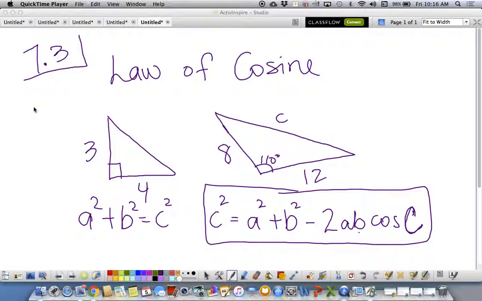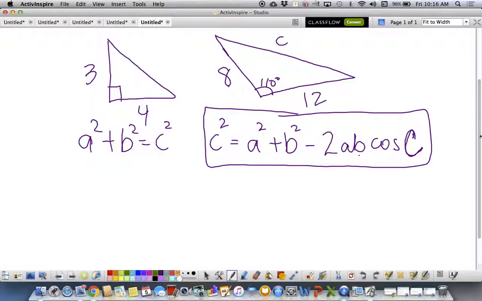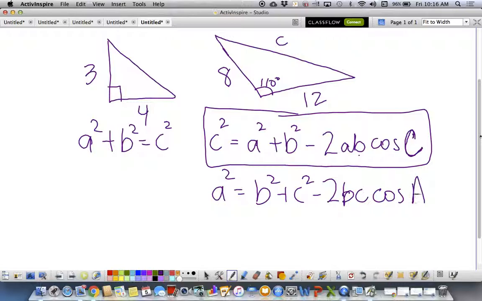So we can put in different letters. There are 3 different equations. A squared equals B squared plus C squared minus 2BC cosine A.